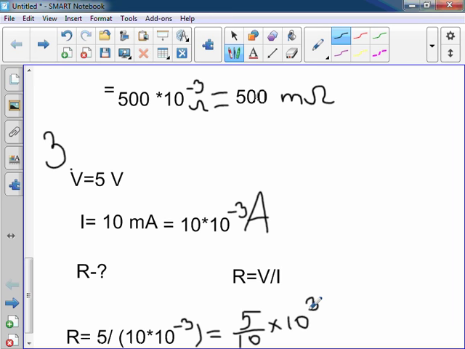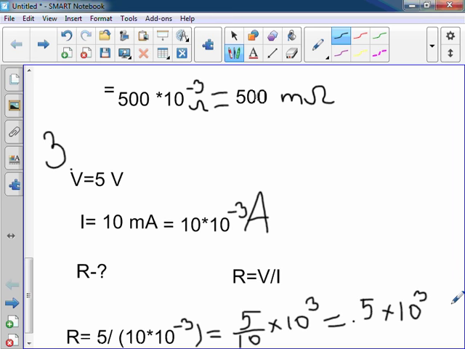So far, I have not done any math. I'm just rewriting the same answer over and over again. Well, 5/10 is also known as 0.5, isn't it? Times 10 to the third. And obviously, this number is not in engineering notation.